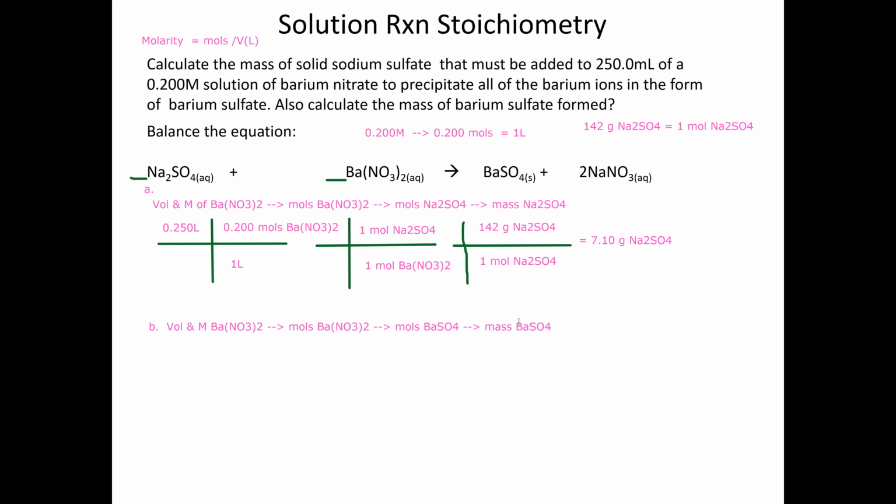Now moving on to B, we're going to set up B the same way. We're starting with volume. We want to convert that to moles of barium nitrate. So we know that 1 liter is 0.200 moles of barium nitrate.